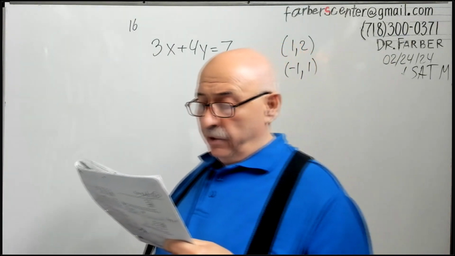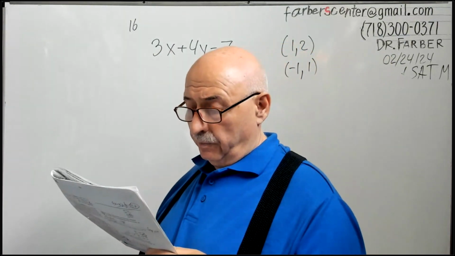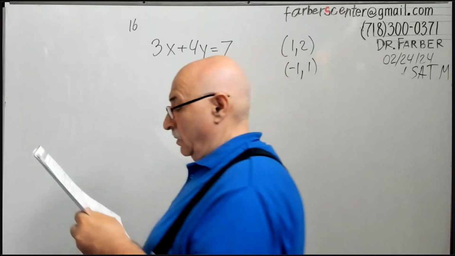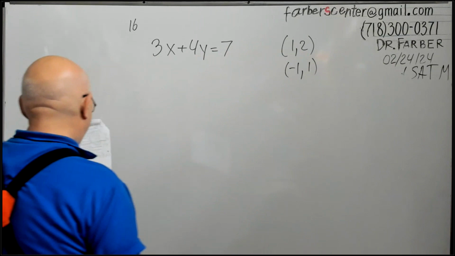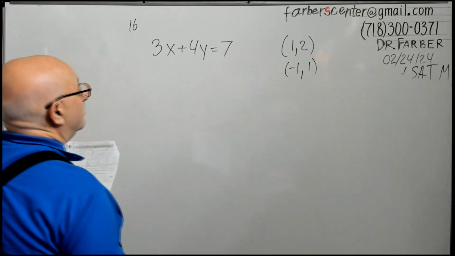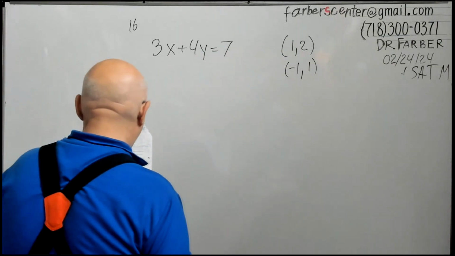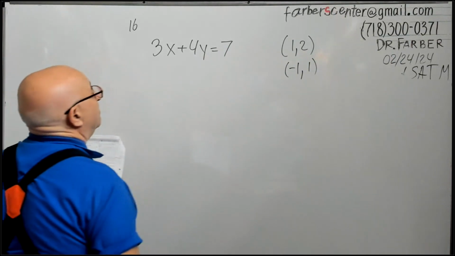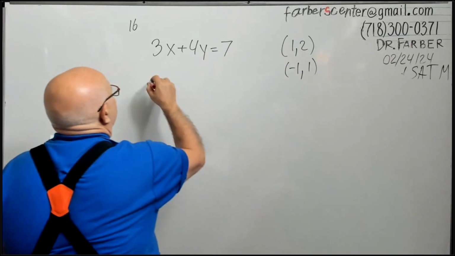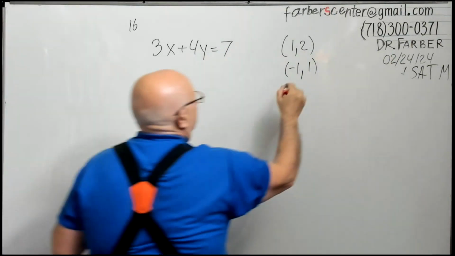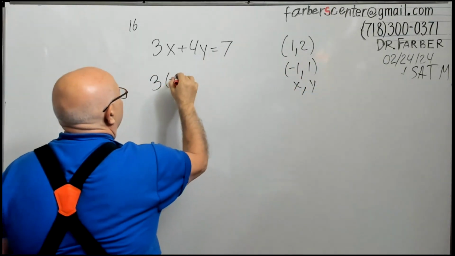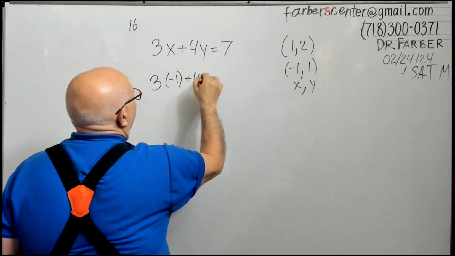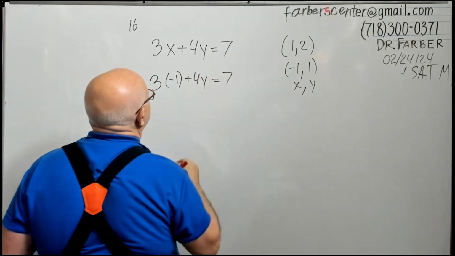And they ask you the relation between these. Well, the fastest way is, for instance, I plug in, this is the x, y ordered pair. 3 times negative 1 plus 4y equals 7.